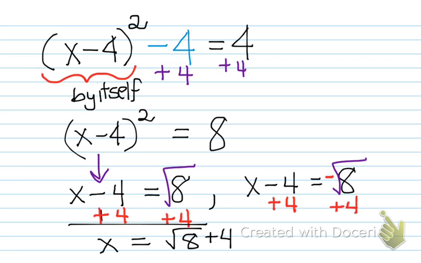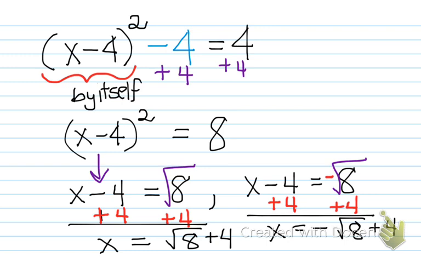But bear in mind that the square root of 8 has a negative in front. So we write negative square root of 8 plus 4. Again, we can't add negative square root of 8 and 4 because 8 is inside of the house and 4 is outside.